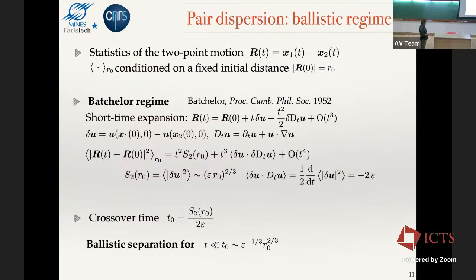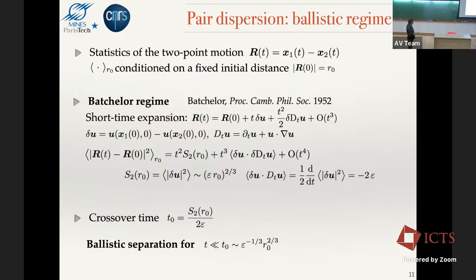This is a consequence of Navier-Stokes. So I can write exactly this term and this term, and compute the time at which my ballistic regime finishes. The ballistic regime corresponds to having this term dominant, so R squared is like t squared.